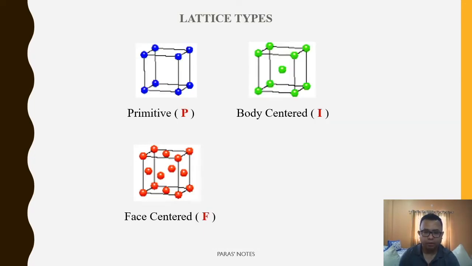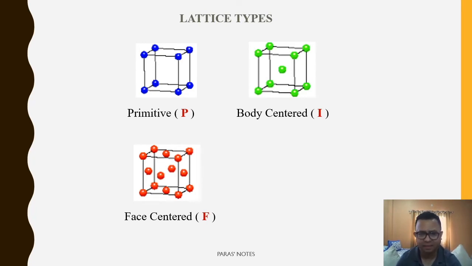Now based on the arrangement of particles, again I am repeating, when I say particle I mean the point, the lattice point. Roughly we categorize our unit cell into 4 different kinds. They are primitive, the second one is body centered cell, the third one is face centered, and the last one is side centered cell.